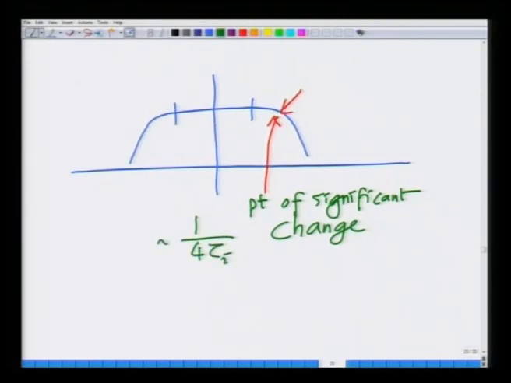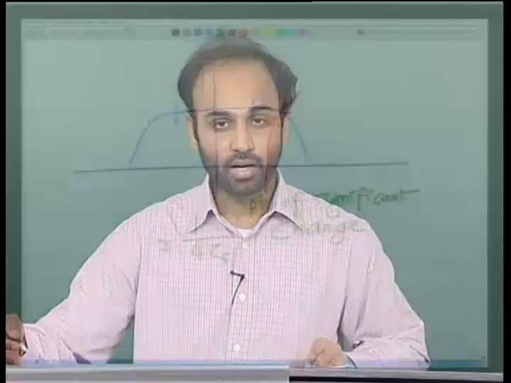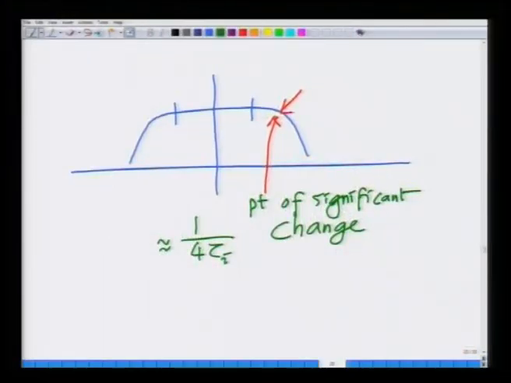This is approximately what we are saying: as you start moving from 0 frequency, start increasing the deviation, at approximately 1 over 4 tau_i, the frequency response starts to change drastically compared to what it is at 0. Hence, this is for the ith path.